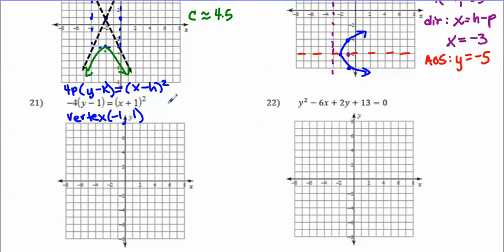So I have 4p here, and that equals this one, -4. So if I divide by 4, I get p equals -1. So now for the focus, it's going to be h, comma, k plus p.